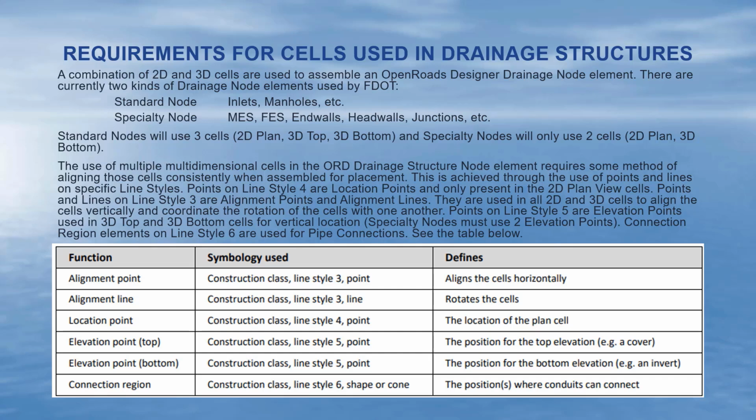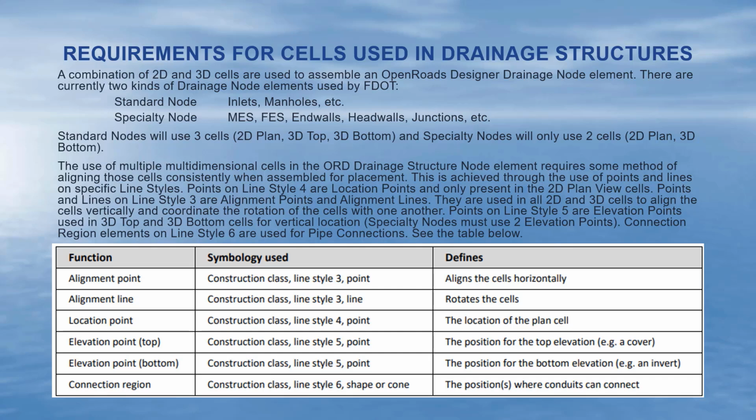As I said, your alignment point, which is basically a point that will help align all cells horizontally, is a construction class line style 3 point. An alignment line is a construction class line style 3 line, and it coordinates the rotation of all cells with one another.